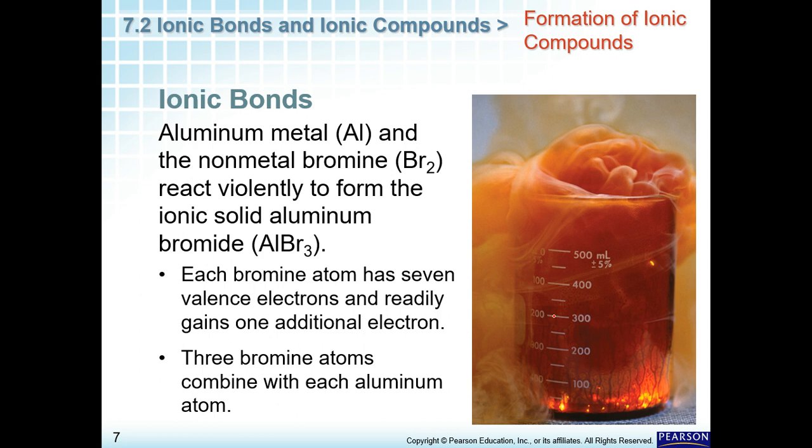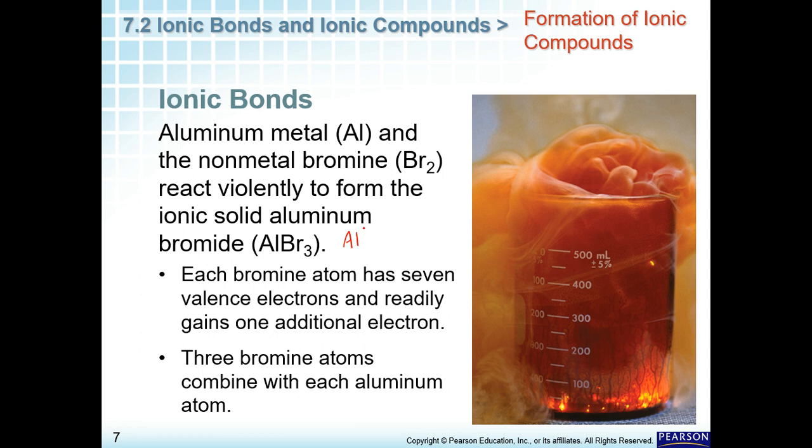Here's another example of an ionic compound that forms. Aluminum, which is a metal, and bromine, which is a nonmetal, can react violently to form something called aluminum bromide. The chemical formula for aluminum bromide is AlBr3. The way they got this chemical formula is they looked at the charges.